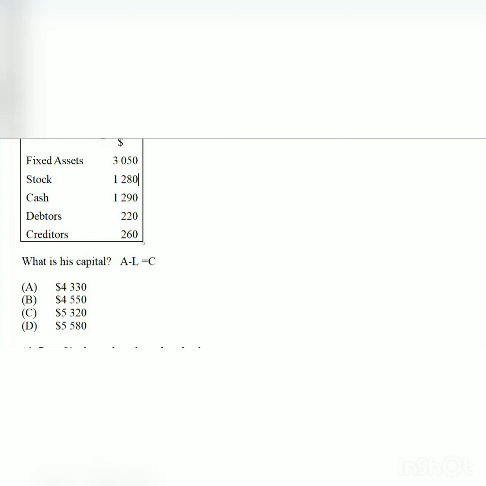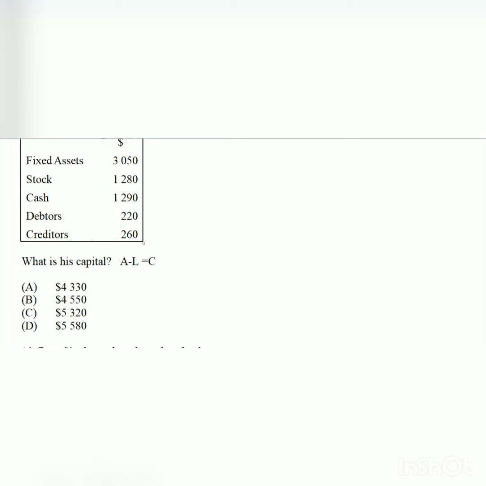So 4,330 and 1,290 should give you 5,620. Then you're going to add your debtors of 220, and that will give you total assets of 5,840. So your fixed assets and your current assets would give you total assets of 5,840.